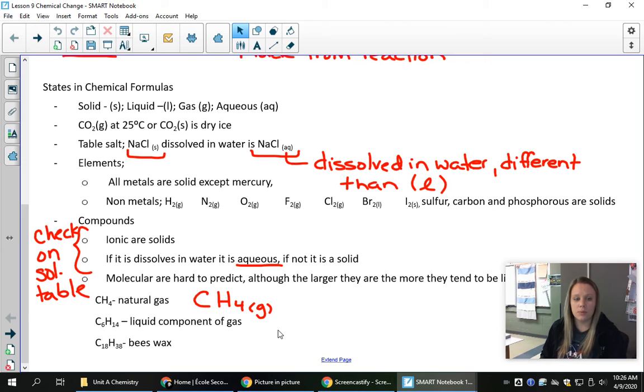Those ones can usually be found in your data booklet. If you look around, there's a couple pages that have lists of them, and they usually have special names. Like this one, CH4, it's natural gas. It's what comes into our house if you have a gas stove or a gas barbecue, and it's called methane.